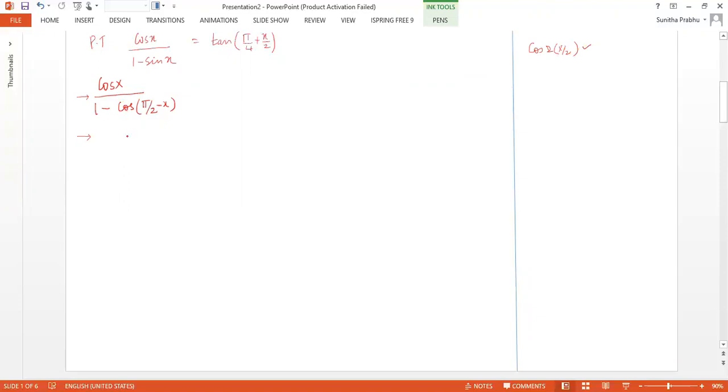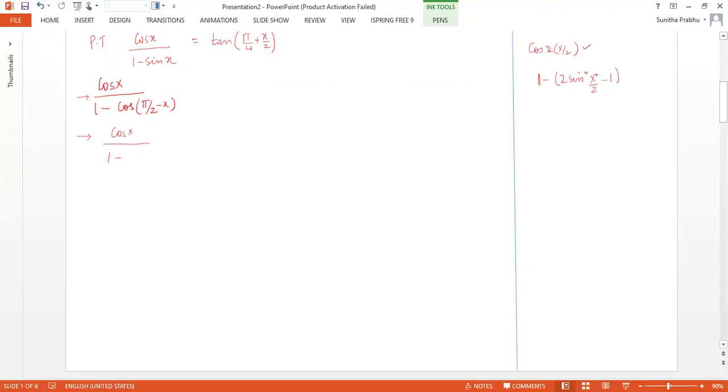So once I write it in this way, what will I get? I keep this cos x divided by, what should I do in the denominator? So we have to use the formula, 2 cos square x minus 1, or 1 minus 2 sine square x by 2.